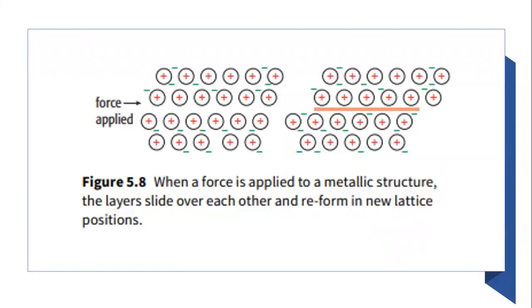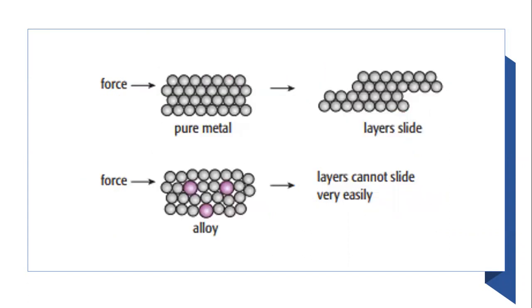Why are they stronger than normal metals? Because they have different sized atoms, so they're harder to break. Normally, when you apply force on a piece of metal, the layers are going to slide over each other because all of them have similar sizes and a regular arrangement.